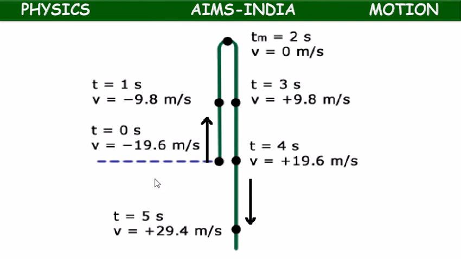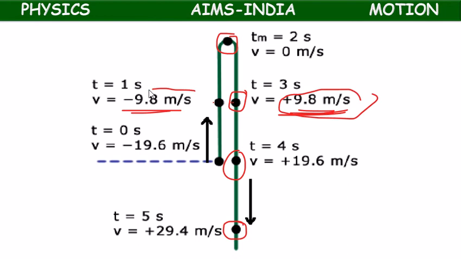So at any point, while going up, if you compare, here the velocity is 9.8 meter per second while going up, and while coming down, minus 9.8. At the same point, they will have the same velocities, but in opposite directions.